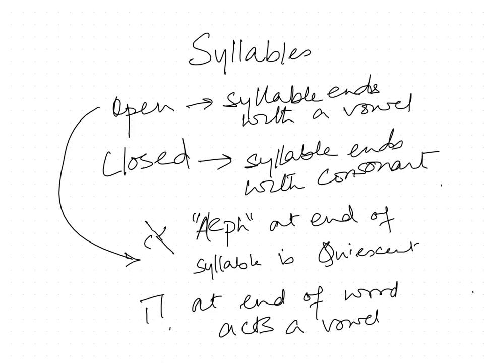That means it's functioning there as a vowel, as a matres lectionis. And hey at the end of a word acts as a vowel. Remember, I have always said that to you. If Hebrew wants to say it's a consonant, it will put a mapik in it.